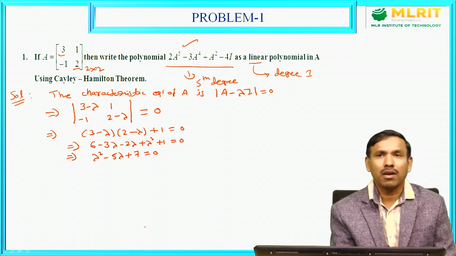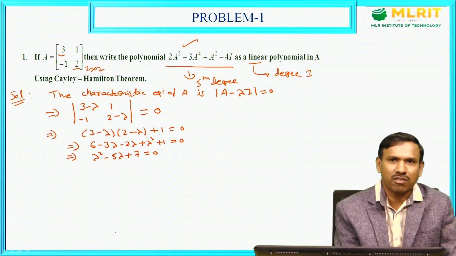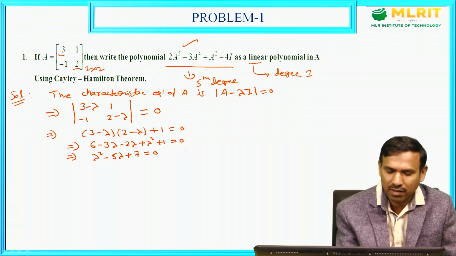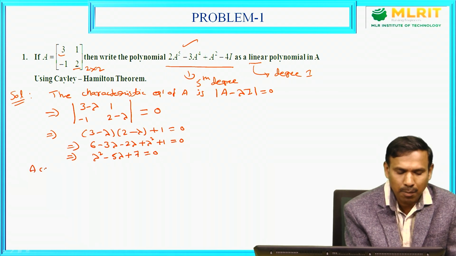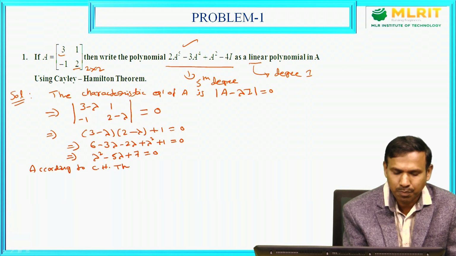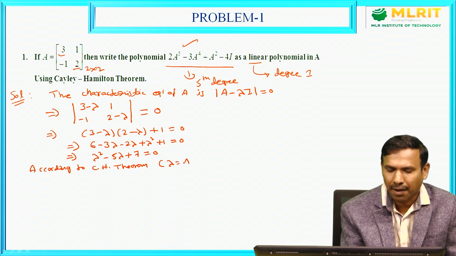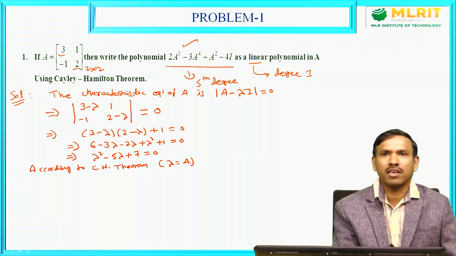Now, as per the Cayley-Hamilton theorem, the square matrix A has to satisfy this equation. What does it mean? Lambda will be replaced by A. According to the Cayley-Hamilton theorem, lambda is replaced by A; that is called satisfying the characteristic equation.